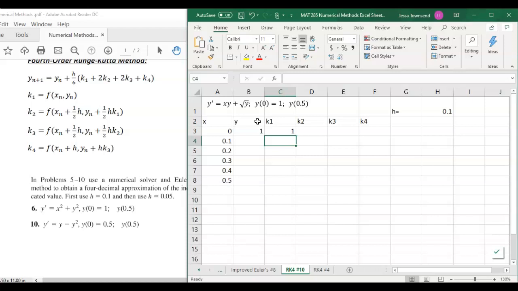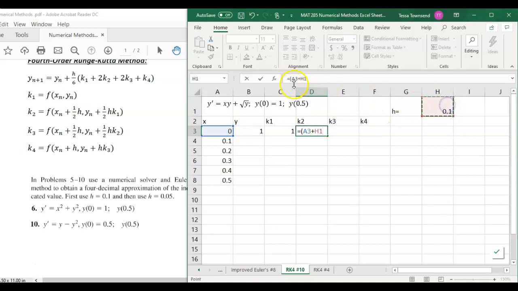Let's look at K2. The formula for K2 changes just a little bit. It's the differential equation evaluated at x sub n plus half the step size, and then y sub n plus half the step size times that K1. So it's going to be equal to this evaluated at x plus half the step size.